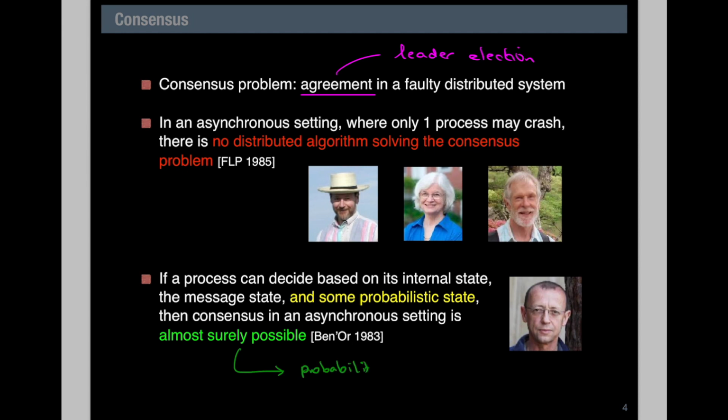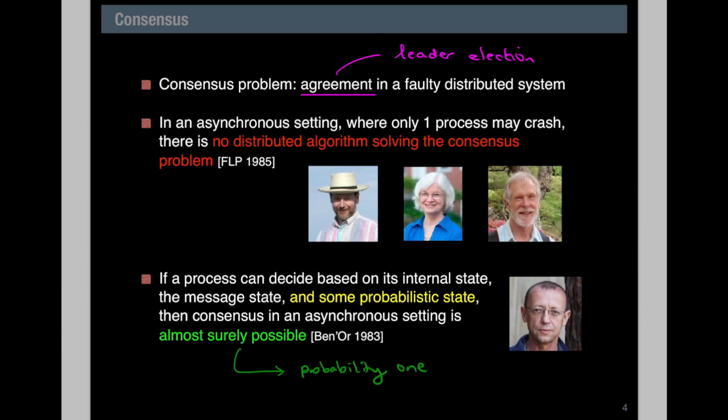There are scenarios in which perhaps there will be no consensus, but those scenarios will happen with probability 0. So with probability 1, almost surely we will reach a consensus in an asynchronous distributed setting if you have this randomization.